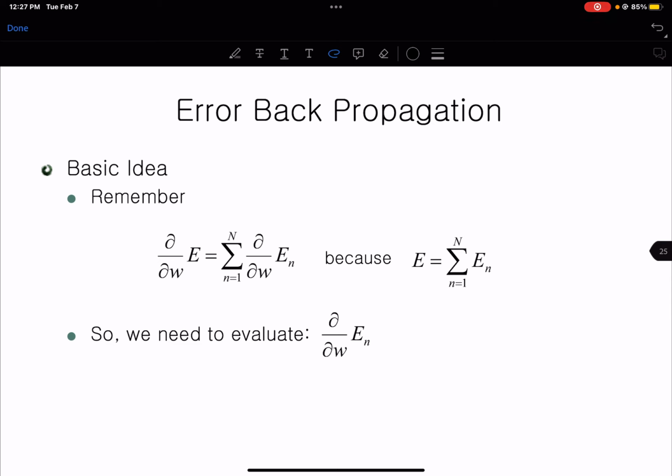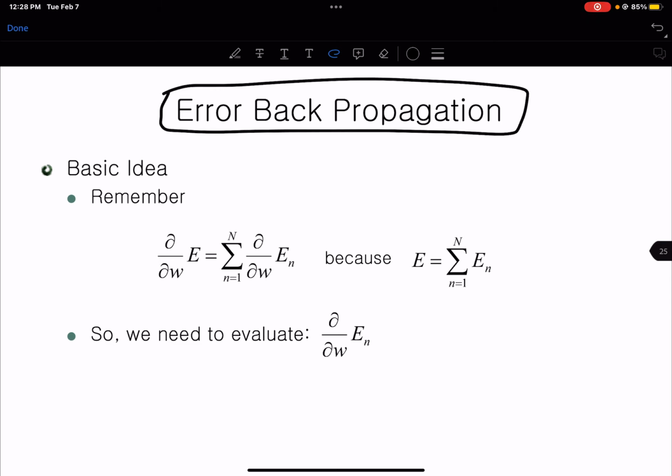And this can be solved. We have to update the weights so that they can be learned to give the required output, and that can be done by error backpropagation.